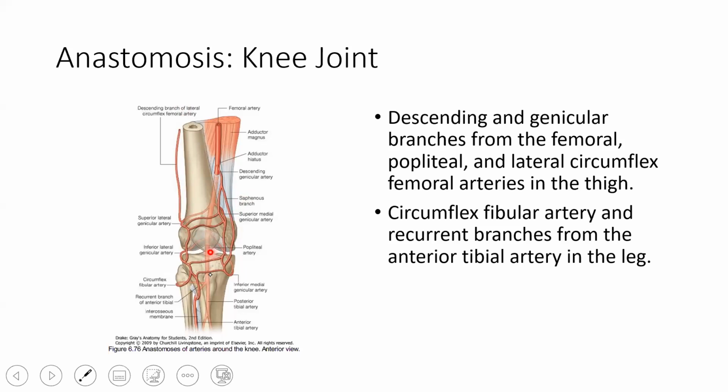Then from the popliteal artery, you have the inferior lateral and medial genicular arteries. Then from the anterior tibial artery, you have the circumflex fibular and the recurrent branch from the anterior tibial.